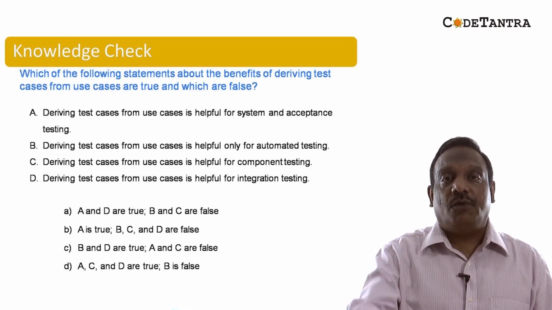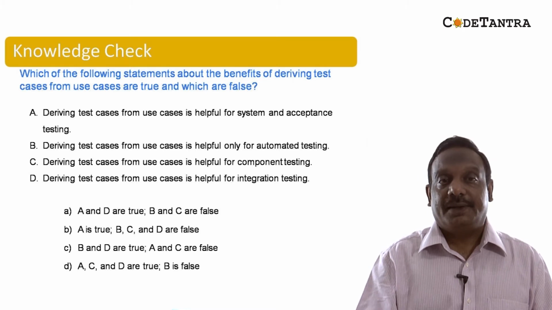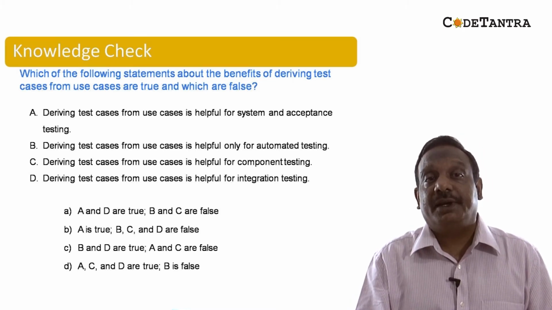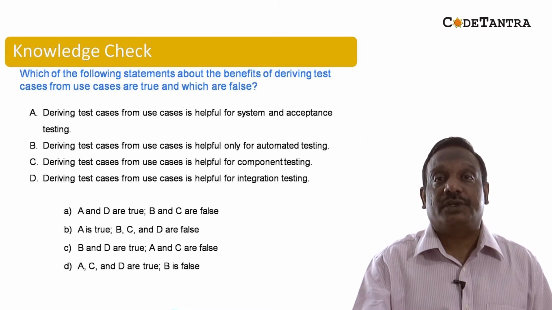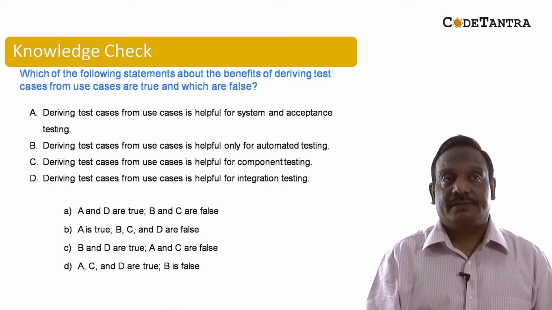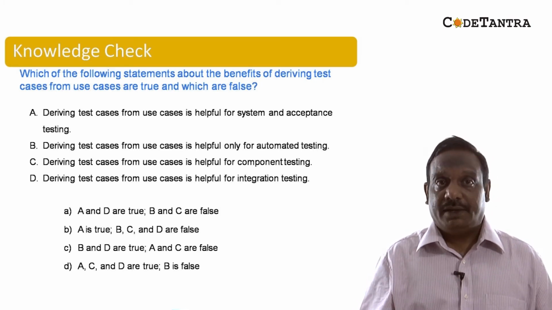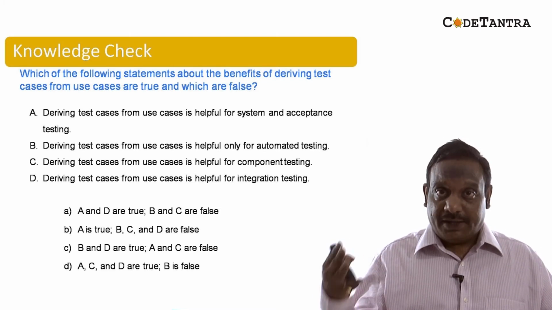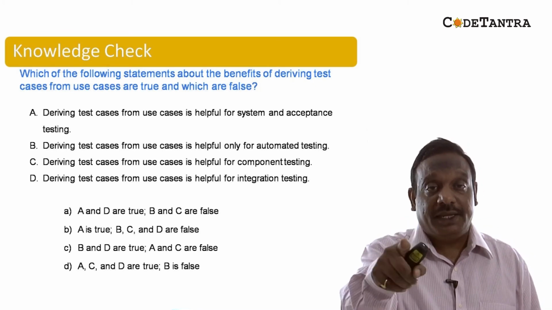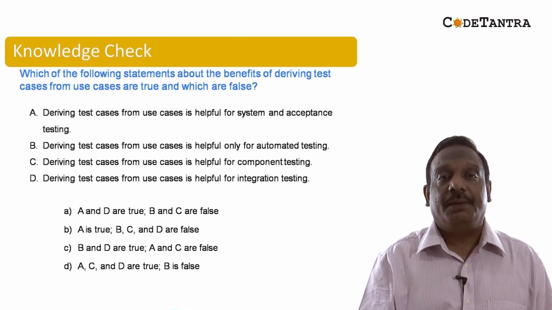Now let us look at the second statement. Deriving test cases from use cases is helpful only for automated testing. Did we say that? Is it true or false? We never said that. It is useful for testing, and we are never saying it is only useful for automated testing. So B cannot be true and can be removed.